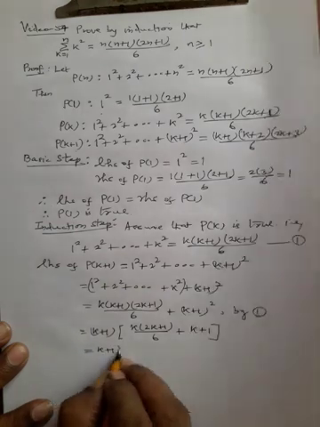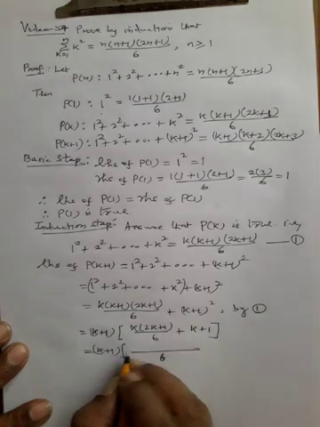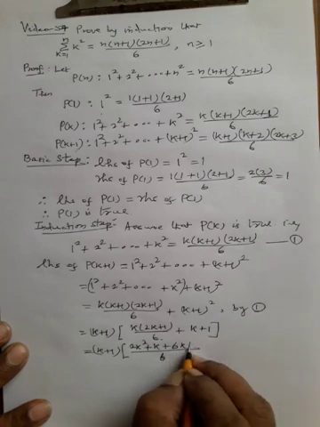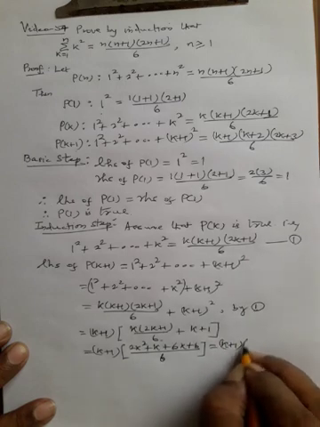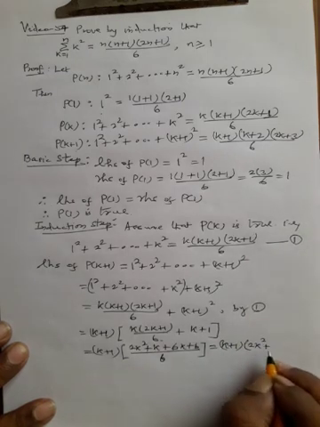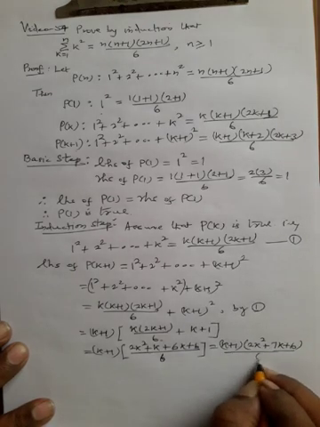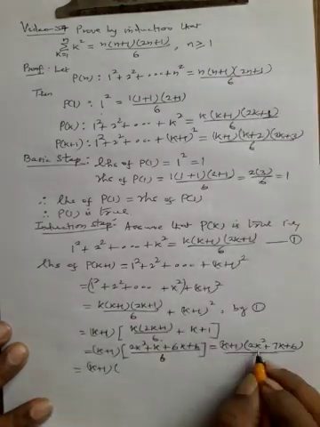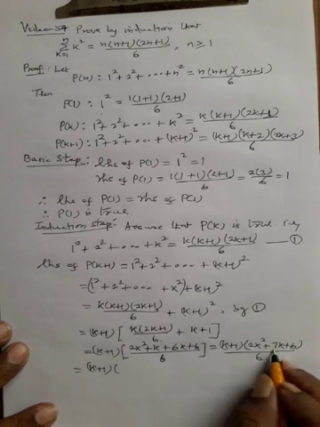Taking the LCM, 6, this is 2k squared plus k plus 6 into (k plus 1), that is 6k plus 6, which is (k plus 1) into (2k squared plus 7k plus 6) divided by 6. Now we can factorize: 2 times 6 is 12, and 7 splits as 4 and 3.